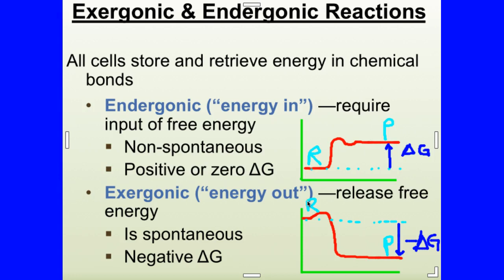The opposite goes for exergonic. Exergonic, I think of exit. There has to be energy that's exiting the system, or it's getting released. So if we start off with our water molecules up here, the activation energy starts us off, and at the very end of this chemical reaction, our products contain much less free energy than our reactant started with.